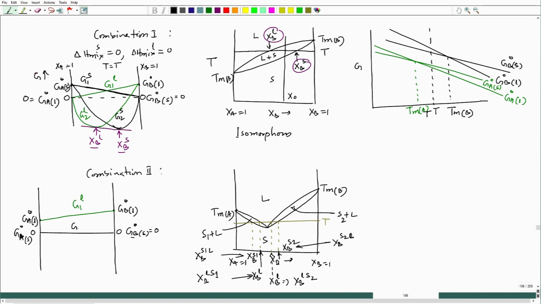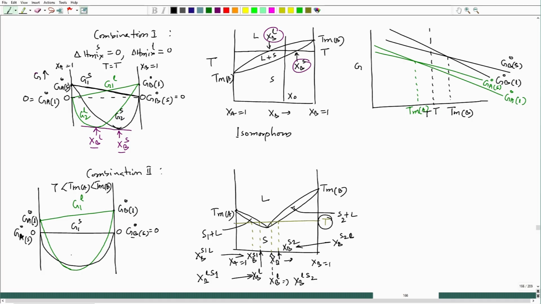So, now I will have a liquid line for the G 1, this is G 1 liquid, and this one is G 1 solid, and we saw this is at a temperature T, this temperature we are talking about, which is below melting point of A and below melting point of B, and it is chosen in such a fashion, the free energy plot would be, this would be very deep, fine, and the solid line would be like this.